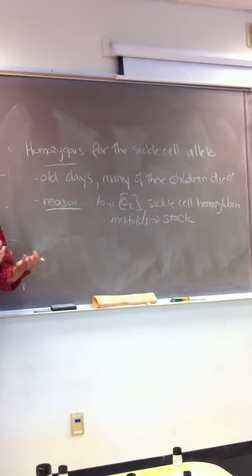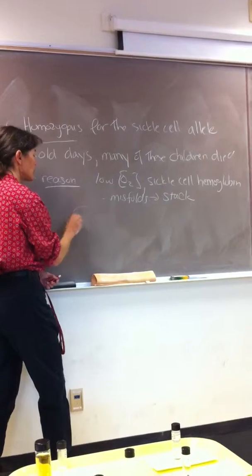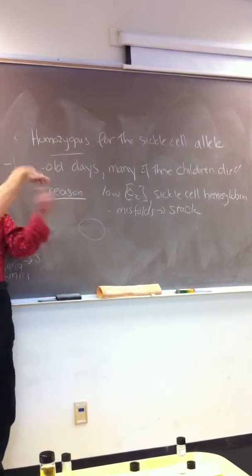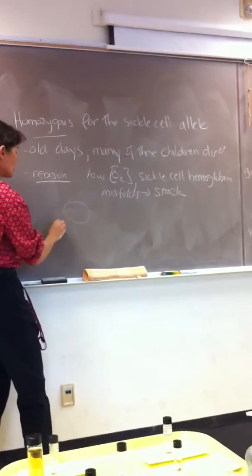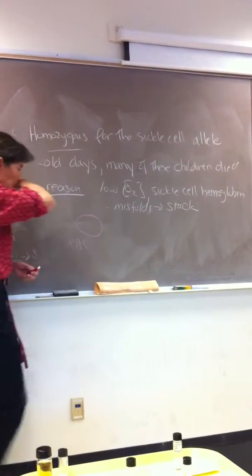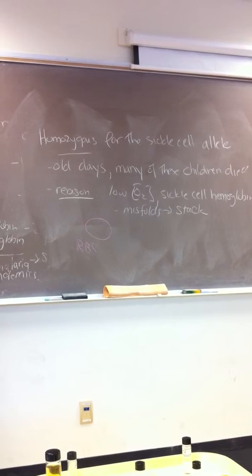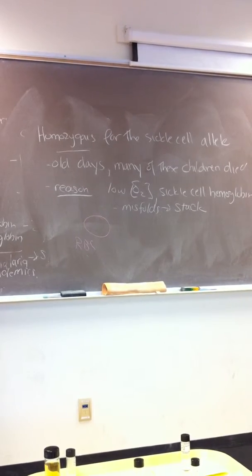Now, if we look at the consequences of that, normal red blood cells are oval, they're flexible, right? So they can squeeze through our tiny, tiny capillaries. So this would be a regular red blood cell. It's flexible. It can squeeze through these little tiny capillaries.